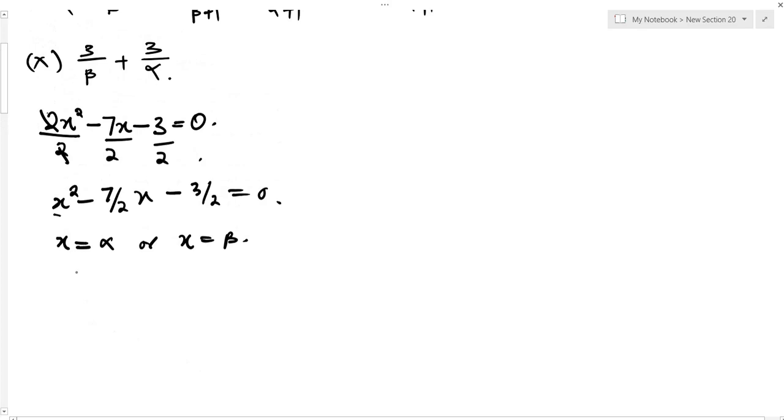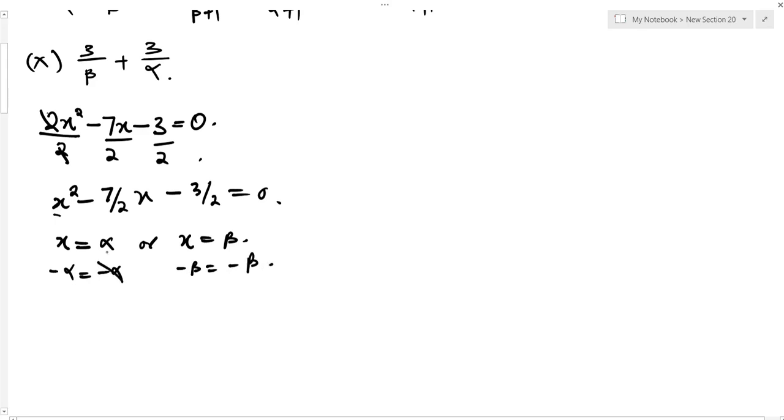Now this is the same thing as saying, let me add minus alpha to both sides, and on this side let me add minus beta to both sides.